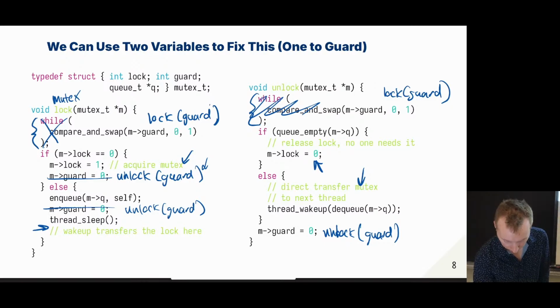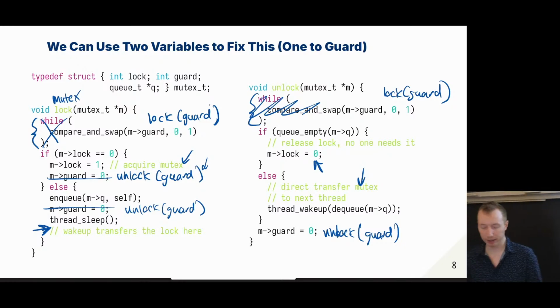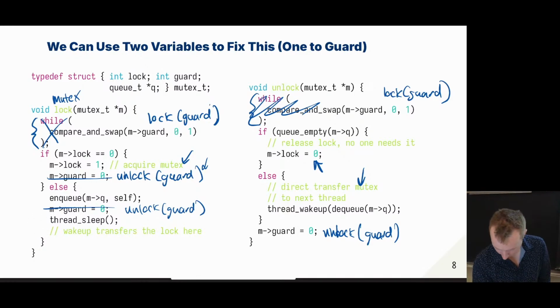So only one thread will wake up, and then the current value of the lock will still be 1, but the way that it kind of works internally is that we're transferring the lock to the other function. So it's still a 1, but it passes the lock call, and it should be the case where, well, now I'm done with unlock, so I don't have the lock anymore. The other thread has the lock.